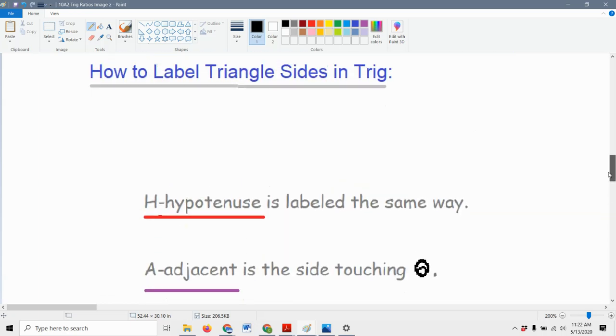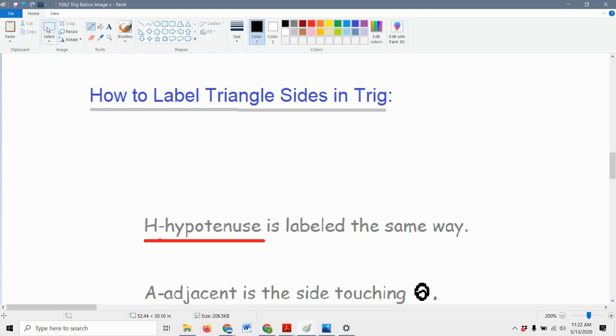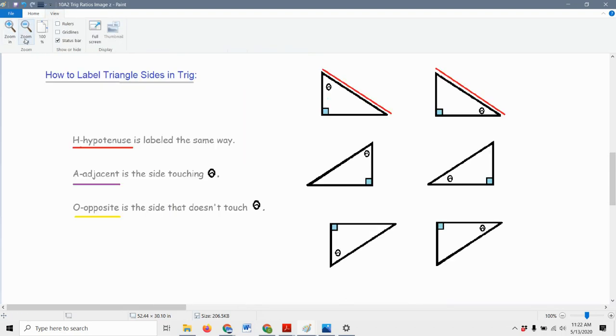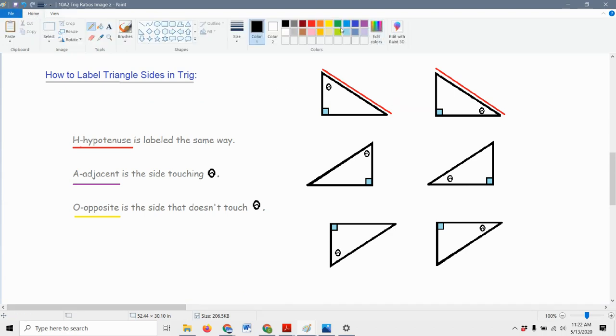And when we're doing trig, we label our triangles just a little bit differently. We're used to just labeling our triangles leg, leg, and then hypotenuse. And that was good practice because it gave us a sense of where that hypotenuse was and our legs.